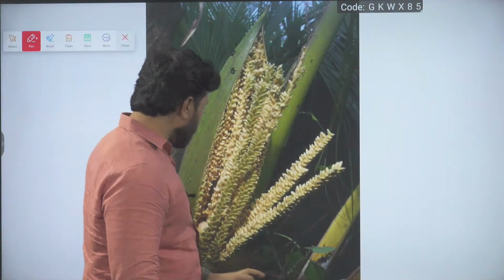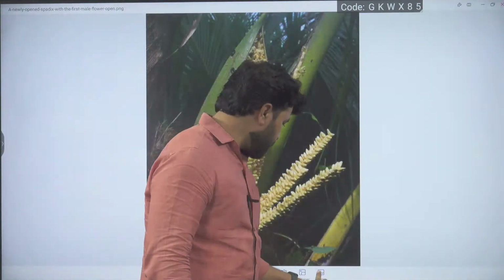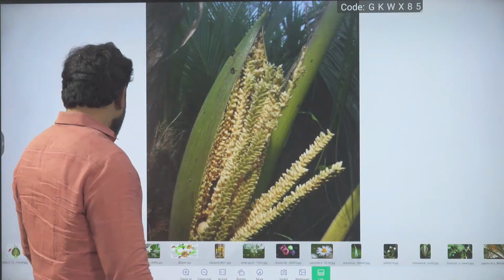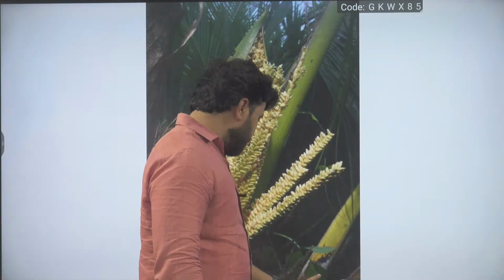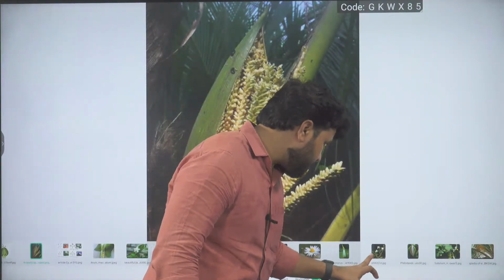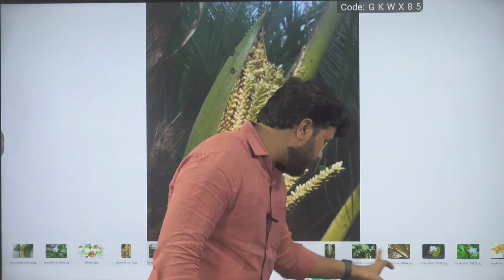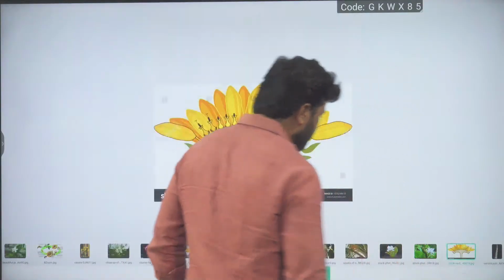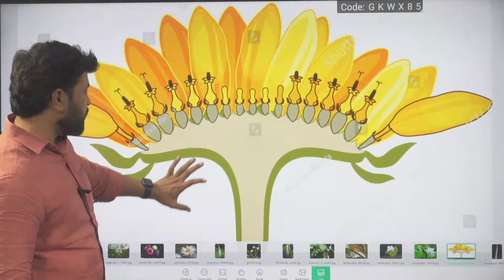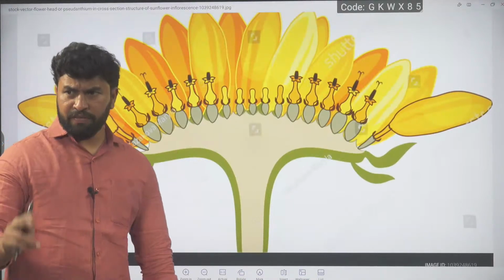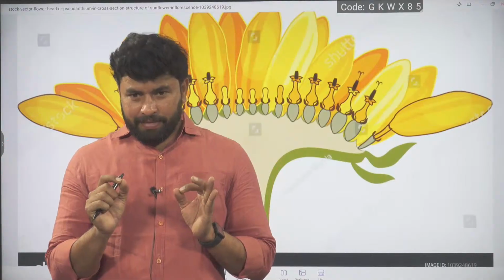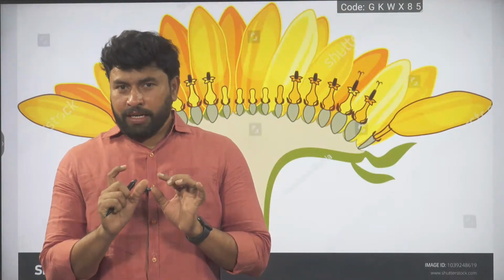Let me take one more. That is the most common type of inflorescence, or in fact to say the most advanced mode of inflorescence, head or capitulum type of inflorescence. This is head inflorescence. Remember, in sunflower the flower is not a flower.